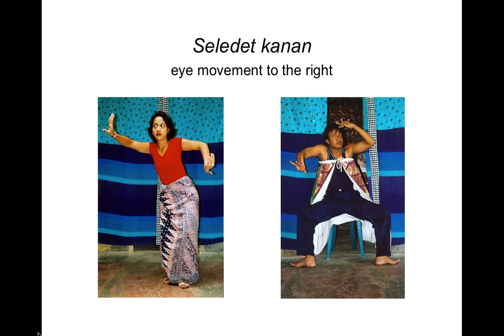So another sign of coincidence there. There are different ways of performing the seledet if you're doing a female performance style or a male performance style. And these are stylistically appropriate to various dances as well as performance genres.